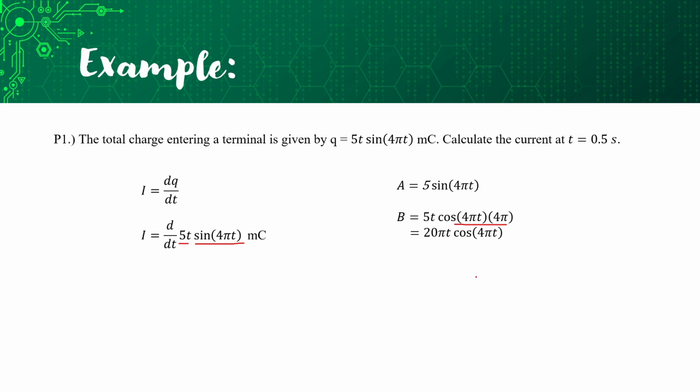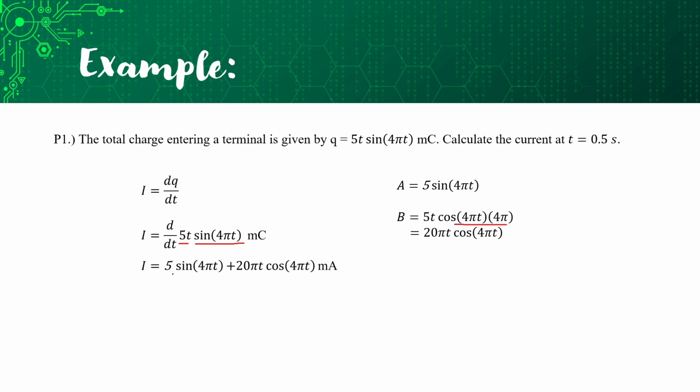After that, we need to add these two results, a and b, to form the product rule. So after adding the two derivations, we now have the result of the product rule. We change this into milliamps because the derivative of coulombs is amps.